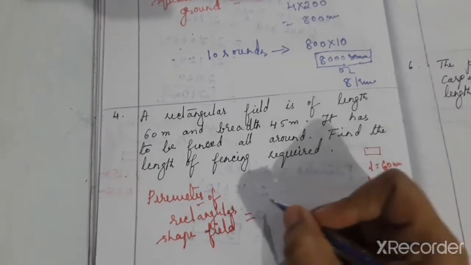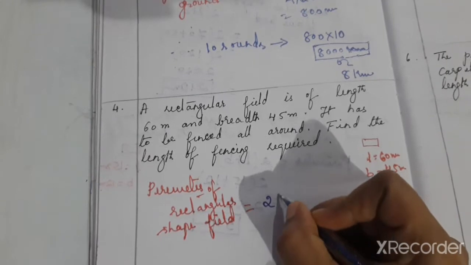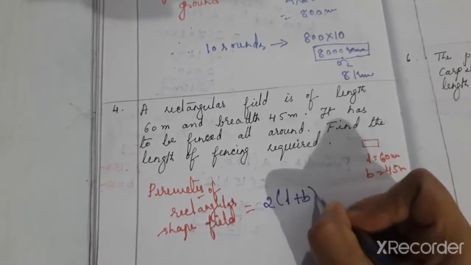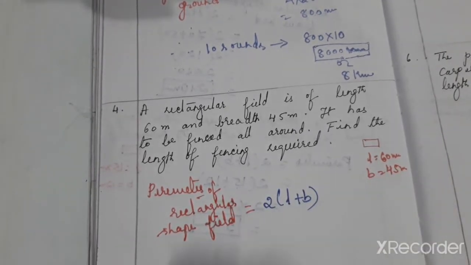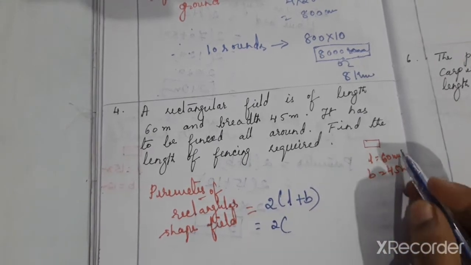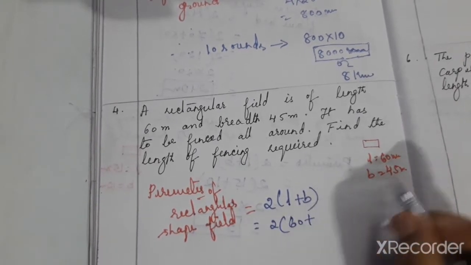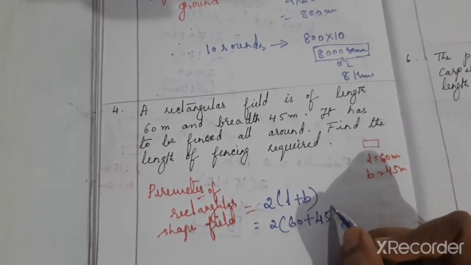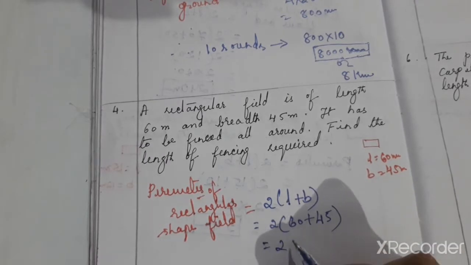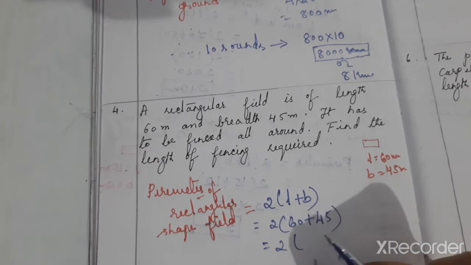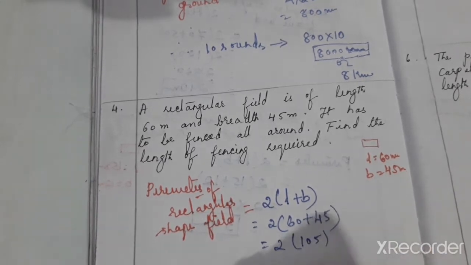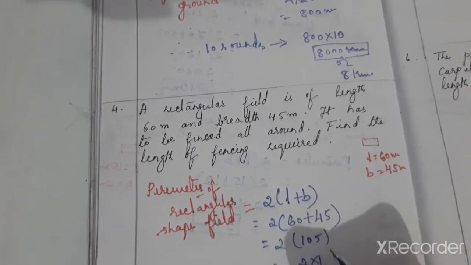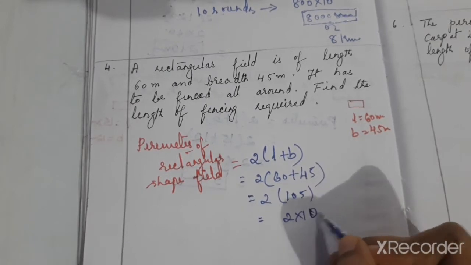Perimeter of a rectangular field, the formula for a rectangle is 2 into (L plus B). So equal to 2 into (length 60 plus breadth 45), equals 2 into 105.